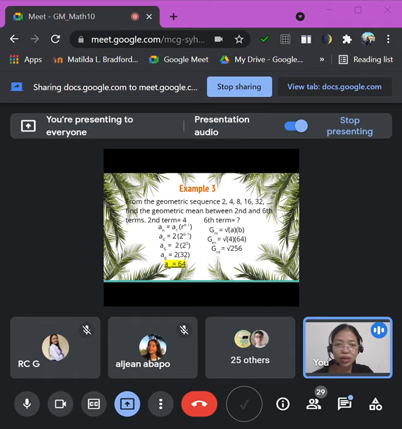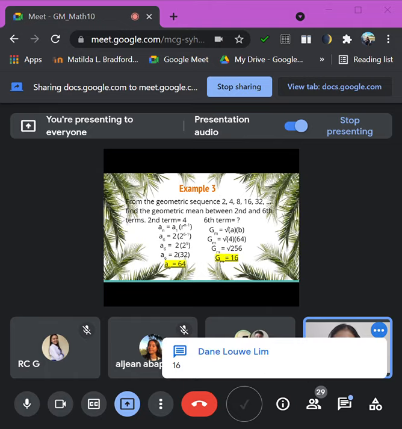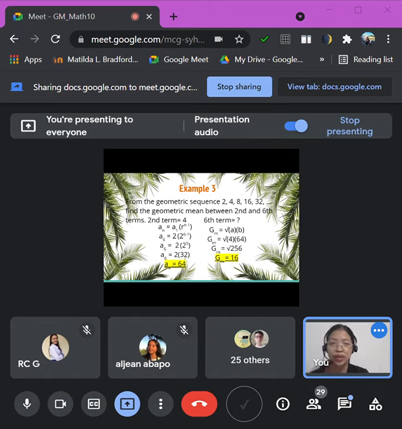And then square root of 256, that is 16. Okay, so in this example na-apply na nato ang geometric mean, or finding the next term of the geometric sequence. Now, do you have any questions, class?